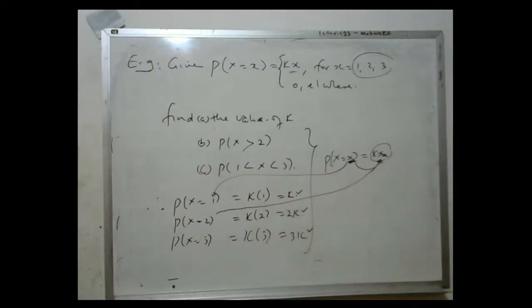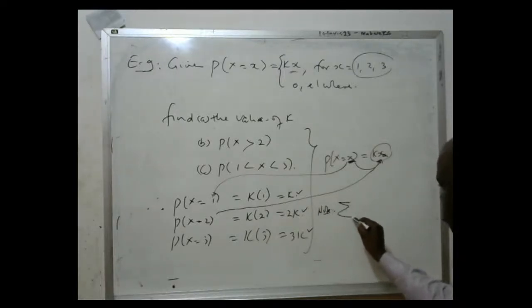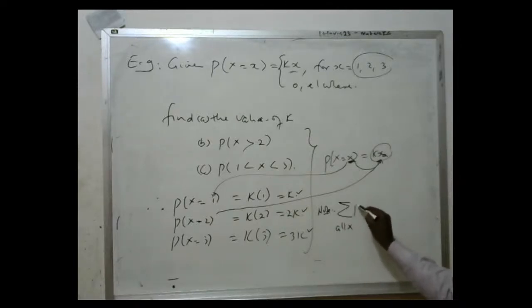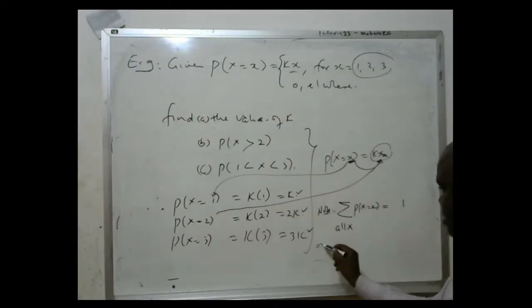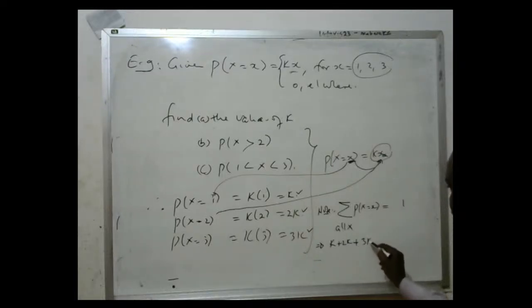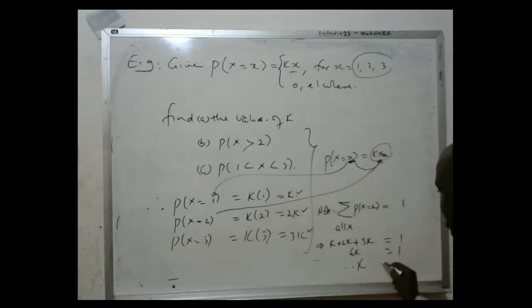So the value of k is got by using the concept which we said as a note. We said the sum of all of the probability of x should be equal to 1. This implies that when I add k plus 2k plus 3k, I get 1. And here I get 6k is equal to 1. Therefore, my k is equal to 1 out of 6.